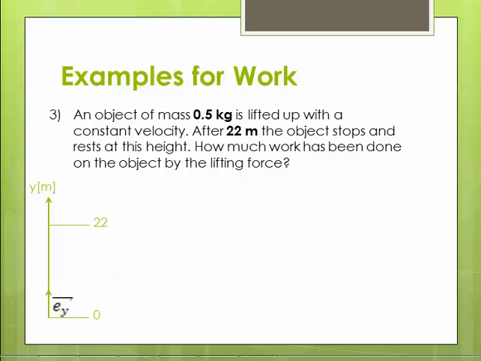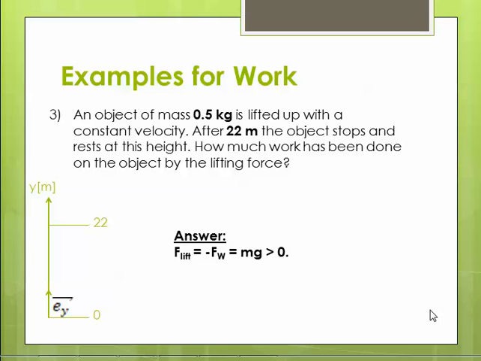Here we see it. The lifting force, F lift, equals minus the weight Fw. Now Fw is pointing downwards, so it is minus m times g, but minus minus m times g equals plus m times g, and so it is positive.